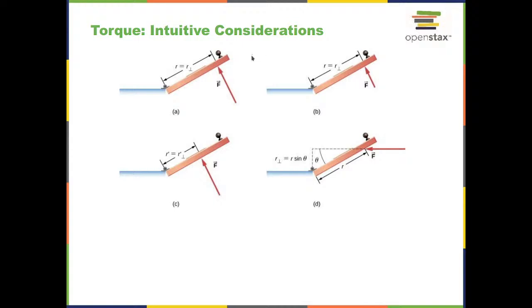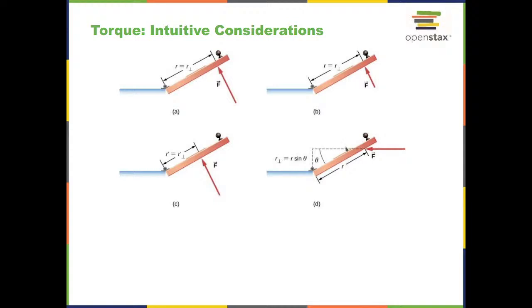If we push with a lower force, then again we're going to cause a smaller torque on this door. And then finally, if we push at an angle that is not perpendicular to the door, then we also know that that doesn't have as much of an impact.